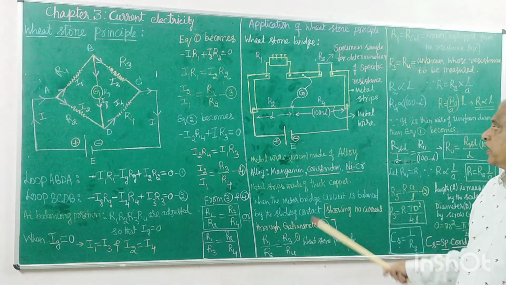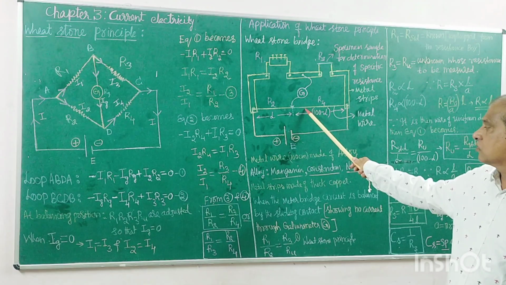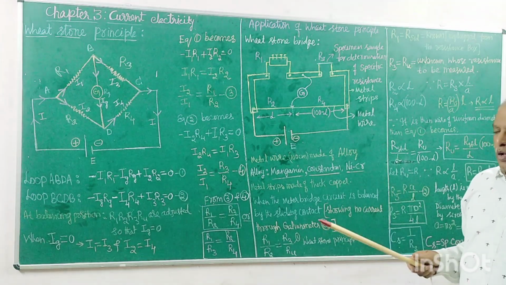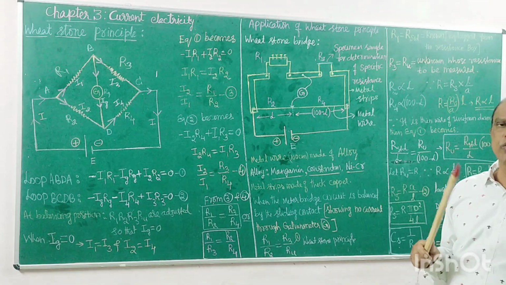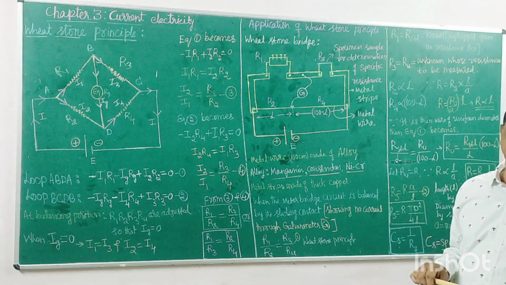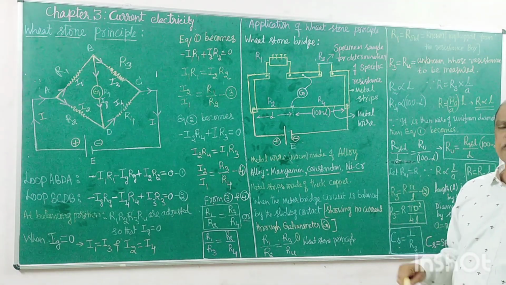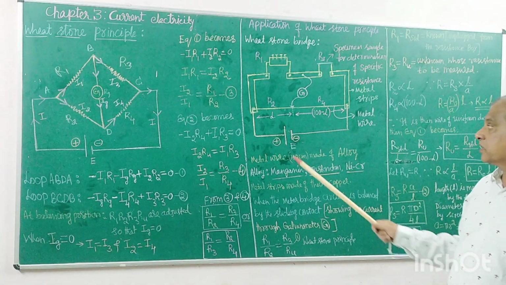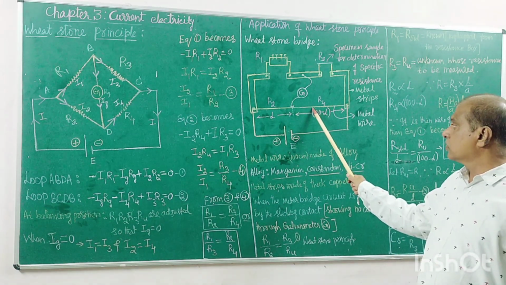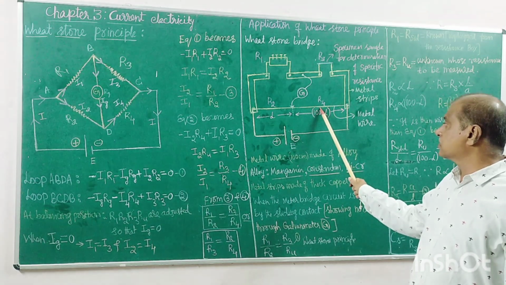The metal should be chemically inert. Any action on these components leads to a chemical reaction called corrosion, metallic corrosion. That chemical reaction will change the composition of the material, and change in composition will change the resistance of the material. That should not be there. So it should be chemically inert.